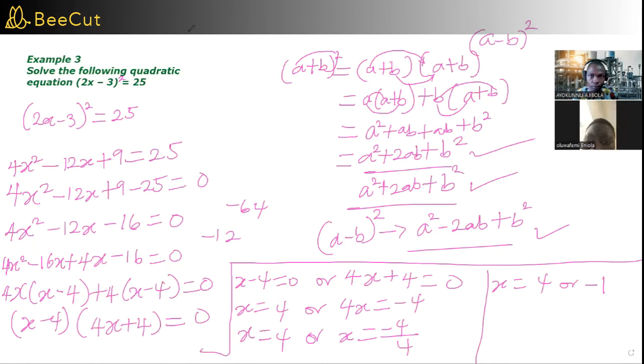I'm going to write the square on top. So x squared minus 5x minus 6 equal to 0.